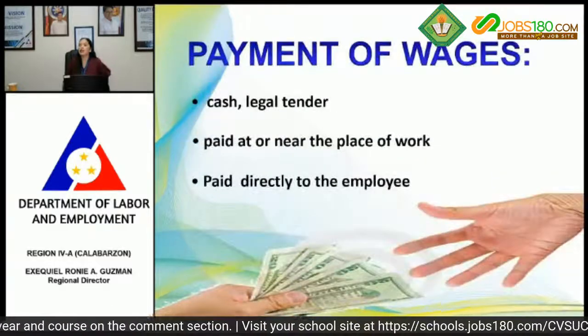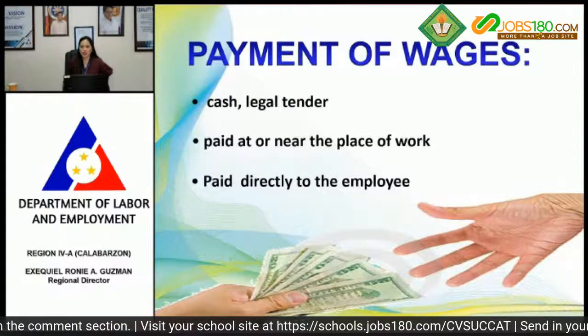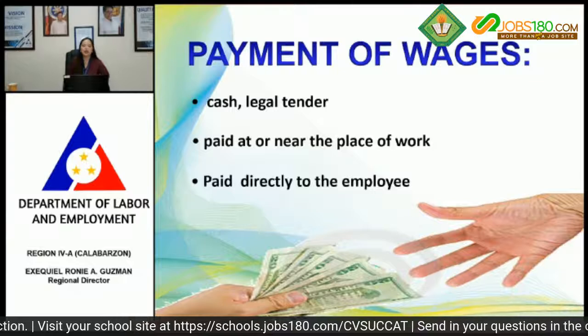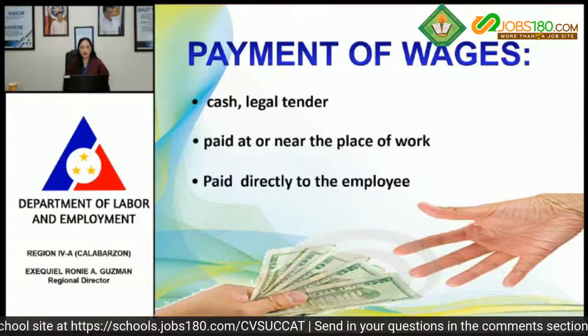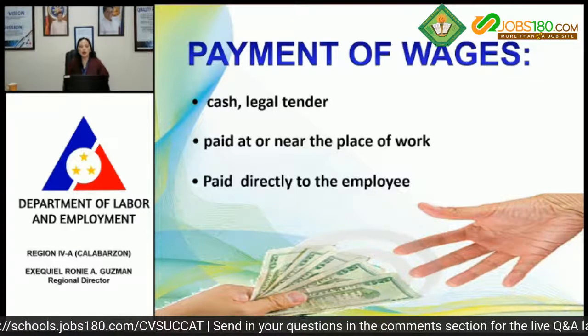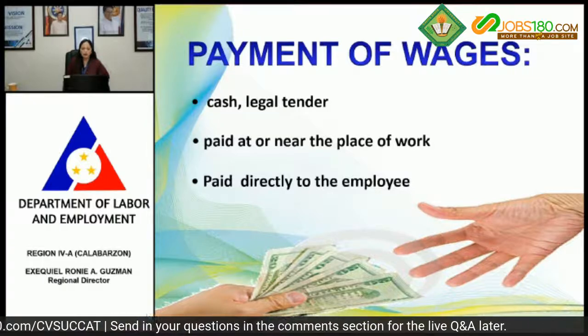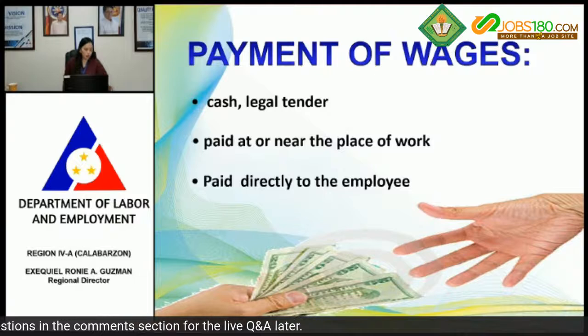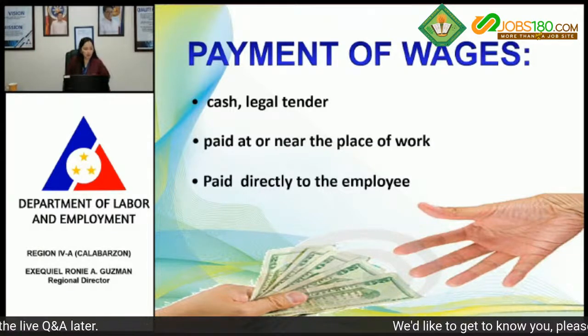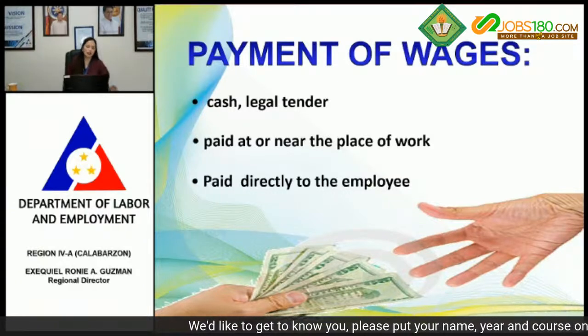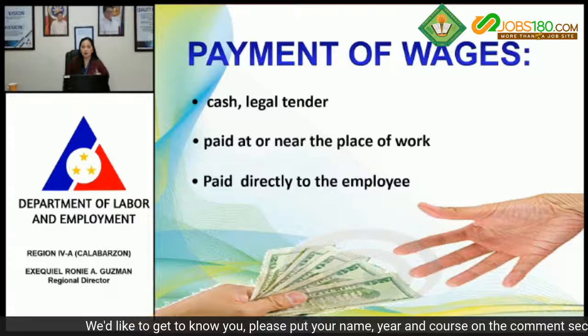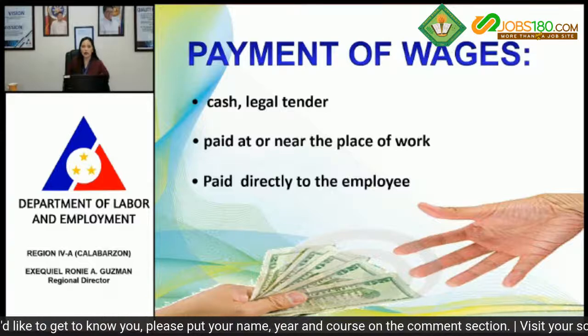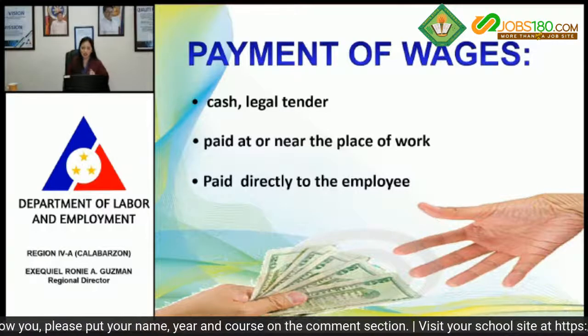So when it comes to payment of wages, it should be in cash or legal tender. It should be paid at or near the place of work, paid directly to the employee. Ano po? So kapag po kayo ay nagtatrabaho sa Jollibee or sa KFC or sa McDonald's, hindi naman po pwedeng burger ang isasahod sa inyo.